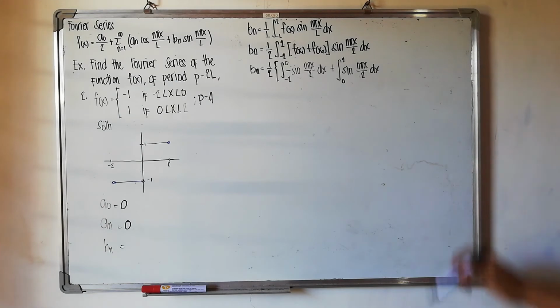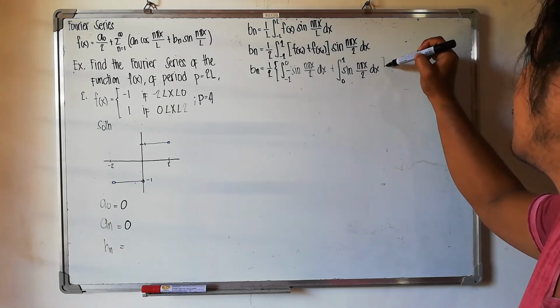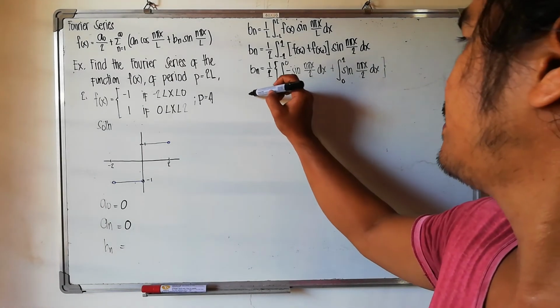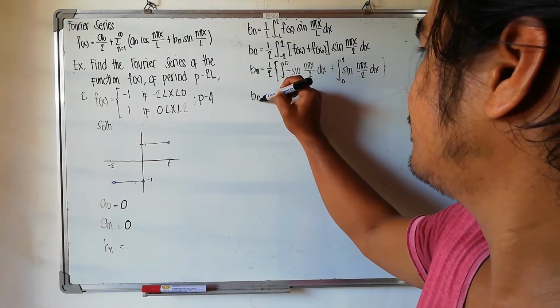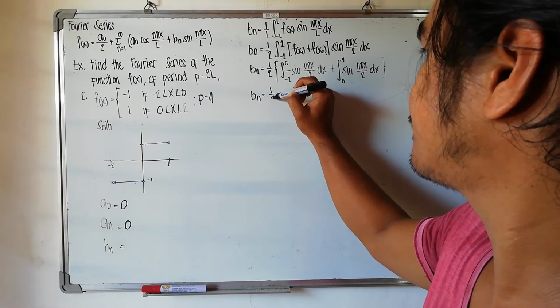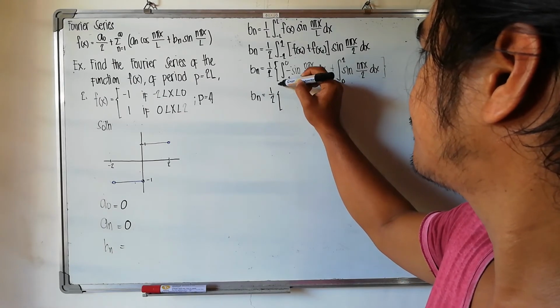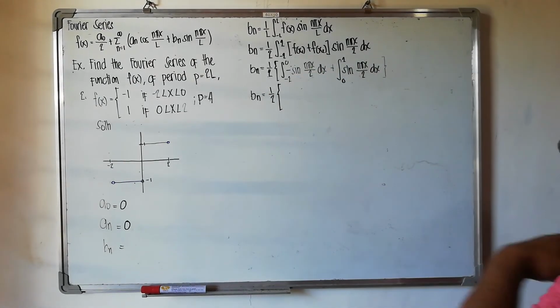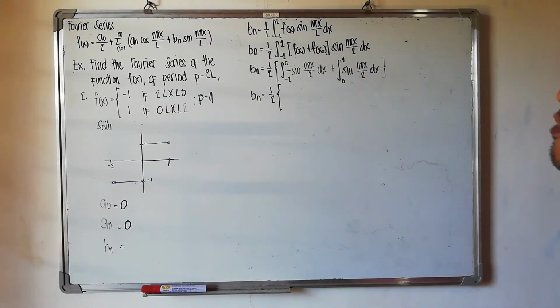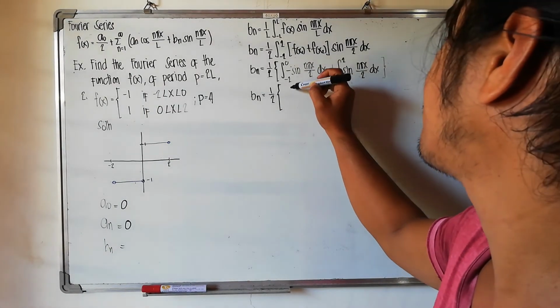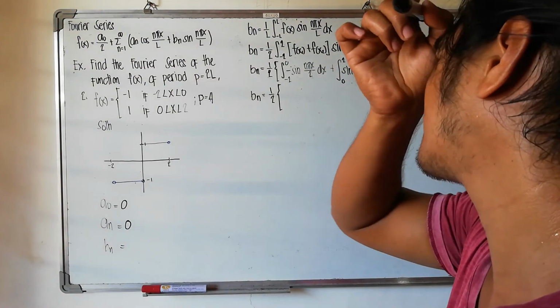Then we need to integrate the function. So b sub n is equal to 1/2 times the integral of negative sine n pi x over 2, which is equal to positive cosine n pi x over 2 divided by n pi over 2.